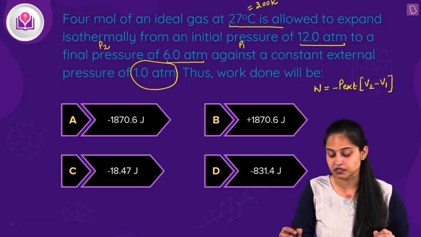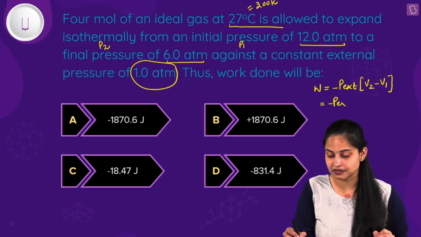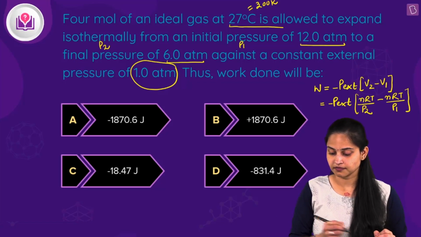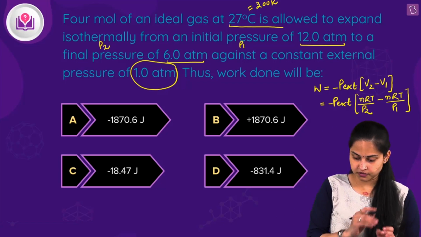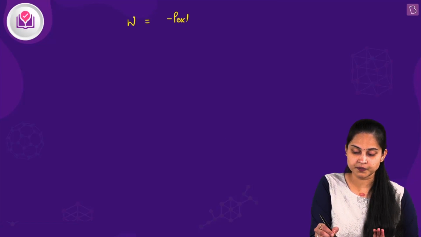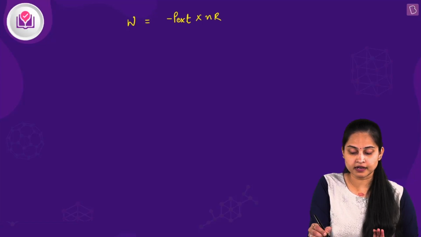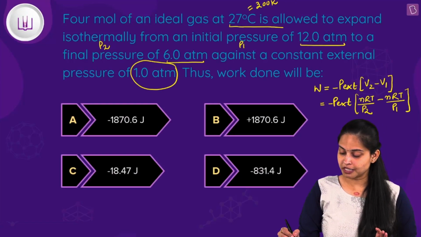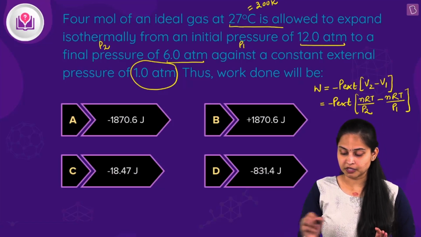So I write minus P external times (nRT upon P2 minus nRT upon P1). If I expand it, W is equal to minus P external multiplied by nRT multiplied by (1 upon P2 minus 1 upon P1).